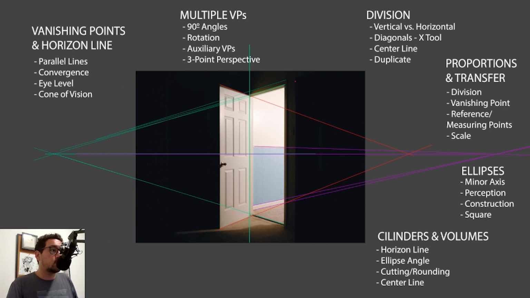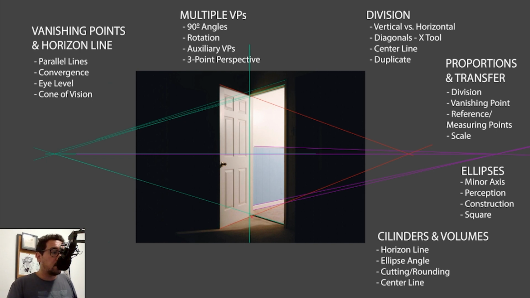But in this 2-point situation that we have right now, the eye level is the horizon line as well. So we can find that just by getting the parallel lines to converge to a single point. And that gives us, not exactly, but an idea of the cone of vision.